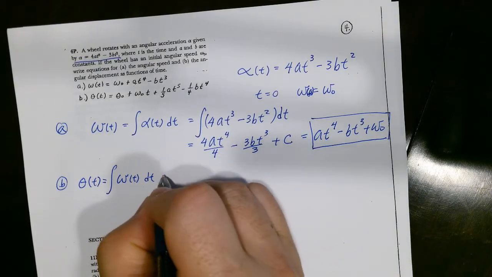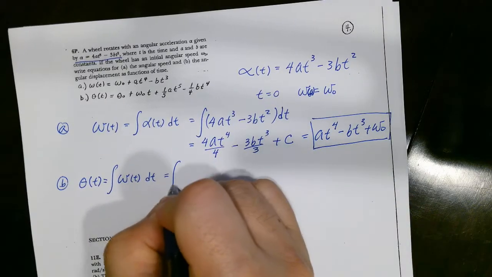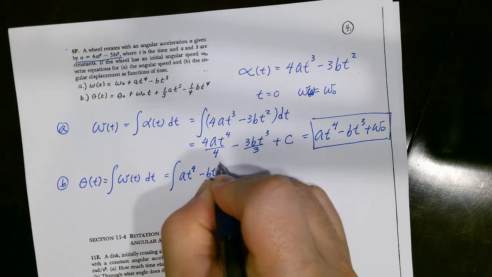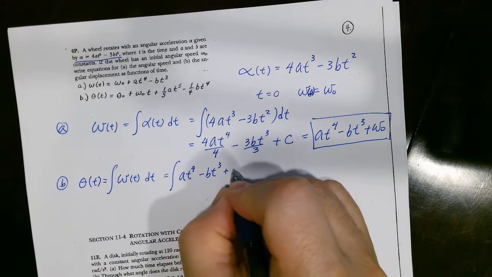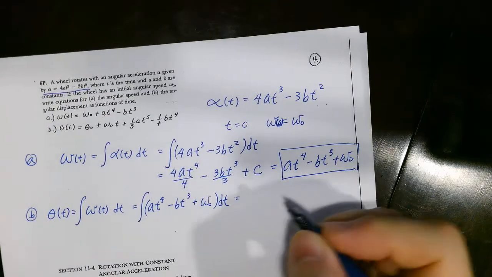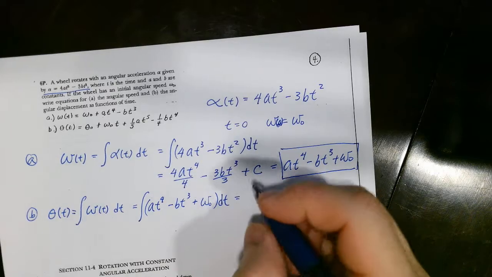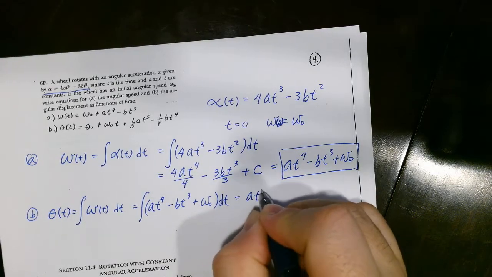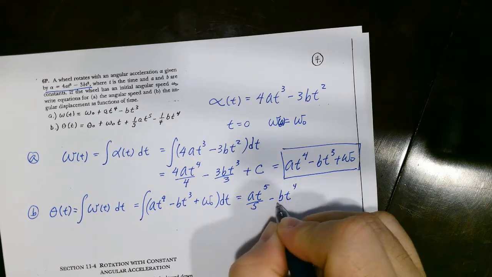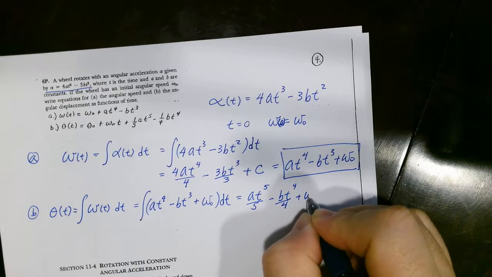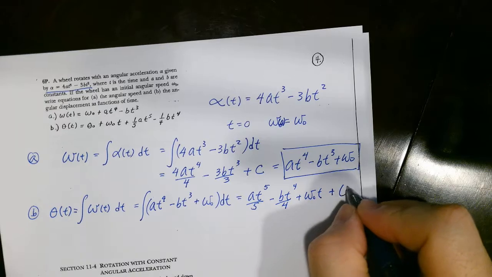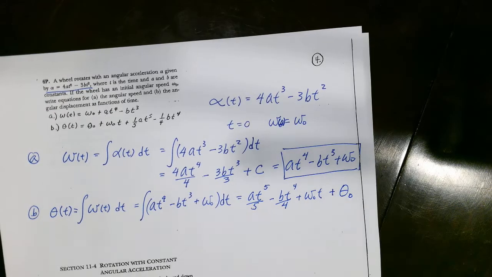Therefore, when I integrate this, which is a t to the fourth minus b t cubed plus omega naught dt, what I have is a t to the fifth over 5 minus b t to the fourth over 4 plus omega naught t plus c. The constant is theta naught, basically. Okay?